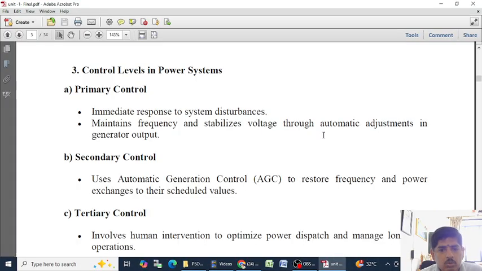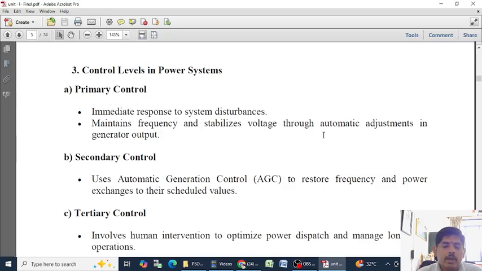Secondary control means using the automatic generation control, AGC, to restore the frequency and the power exchange to their scheduled values. Okay, in the automatic generation control, we already discussed this with the PFQB control. With the help of the voltage sensor and frequency sensor, I have to sense the voltage and frequency and compare them with the rated desired values.